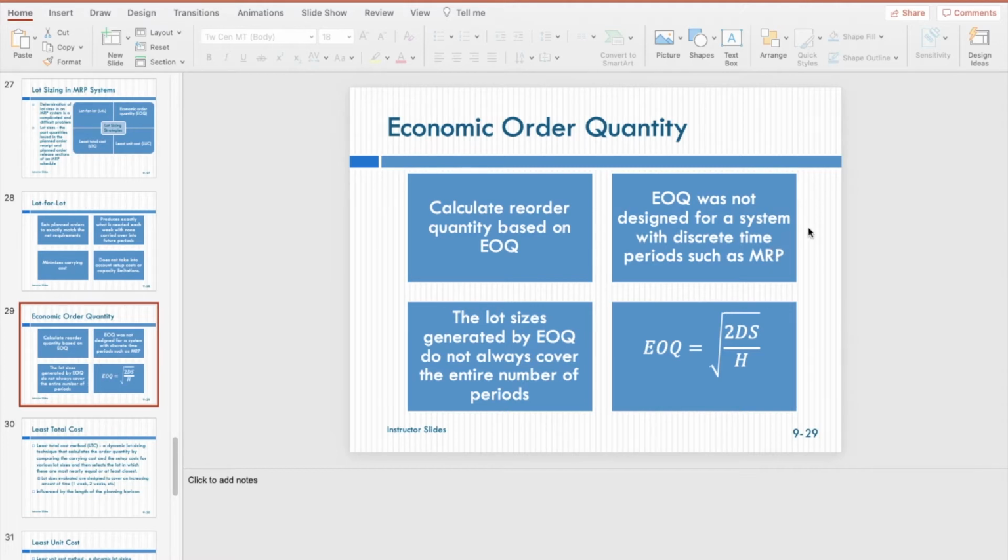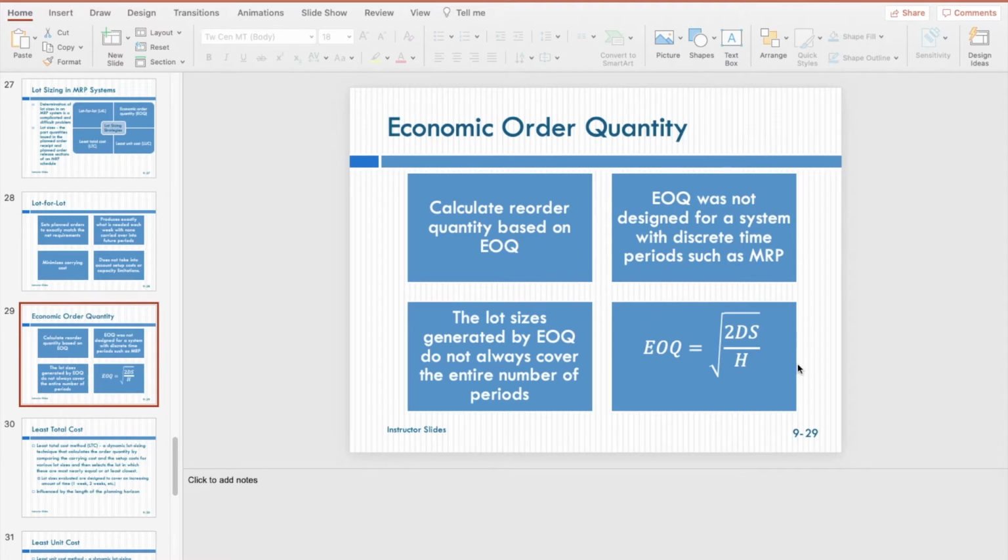That's because in the MRP system, the time period is not continuous. It's discrete within the MRP system. That's why EOQ may not be the optimal order quantity. But it's still a very good way of incorporating two different types of costs, the holding cost and the ordering cost.